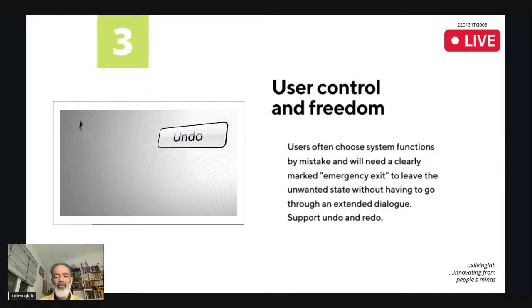Support undo, redo, etc. This rule explains that we have to accommodate the behavior of users who will make mistakes. Most functions in your system or app, you may click on by mistake. Whenever the user feels it was by mistake, there should be an emergency exit.